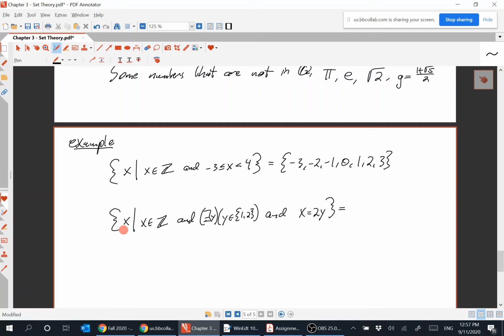It's a very simple set, but I've just made it more obscure by using the set builder notation. Wouldn't it be 4 and 2? Just 2 and 4, yeah, that's it.